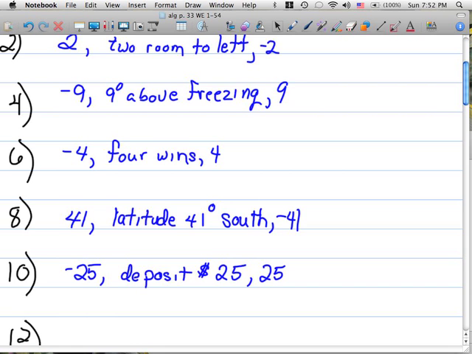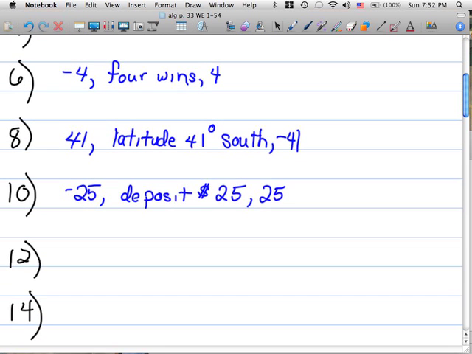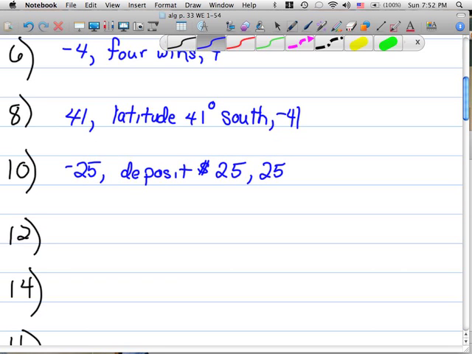Problem number 12, 3 bonus points. That would be adding something to a score, so that's a positive 3. The opposite of 3 bonus points would be 3 penalty points. That would be taking away, so that would be negative 3. 14, 10 pounds lost.